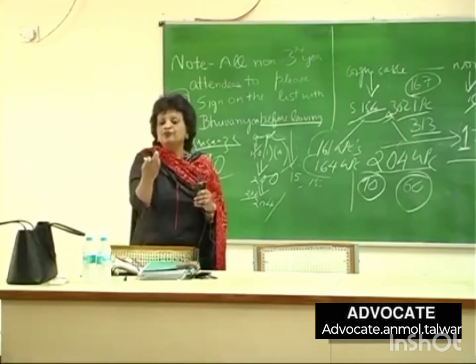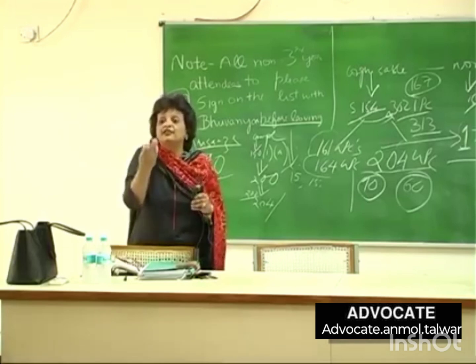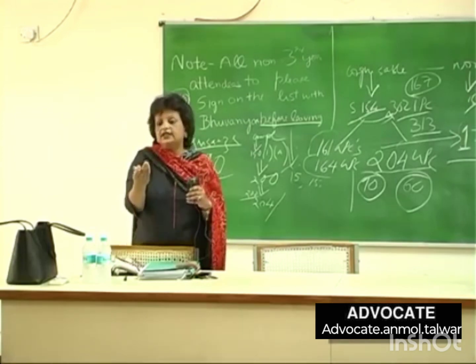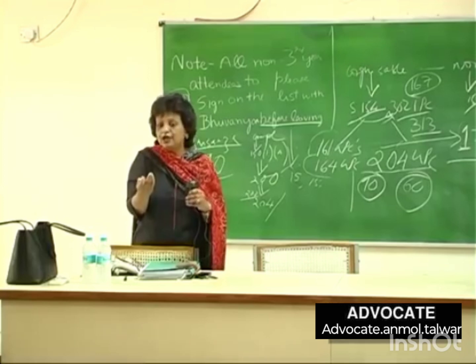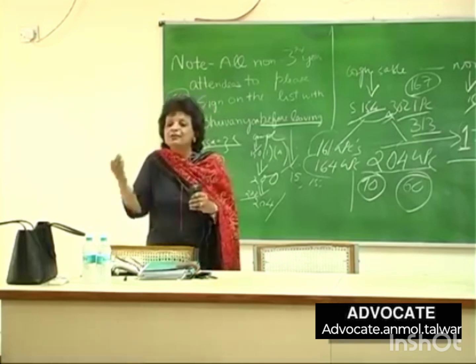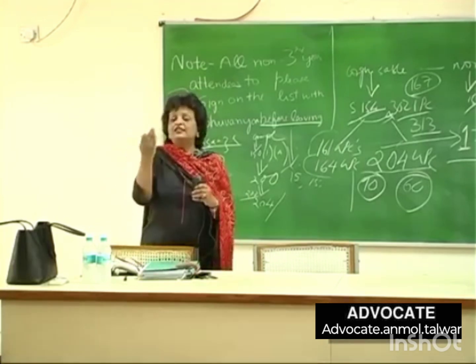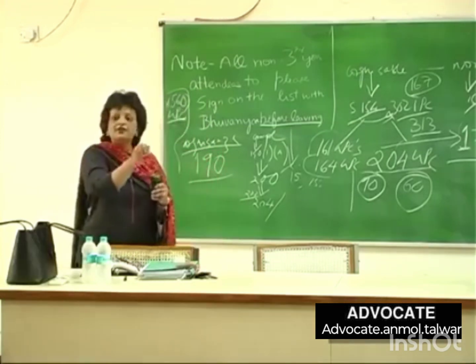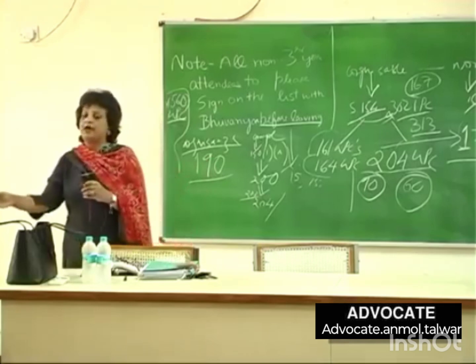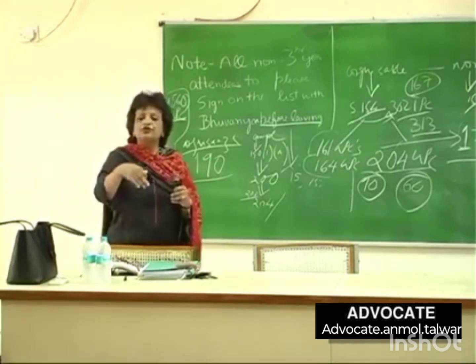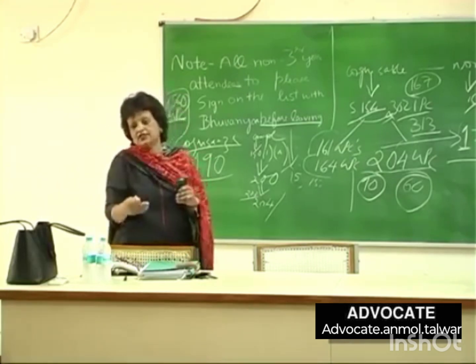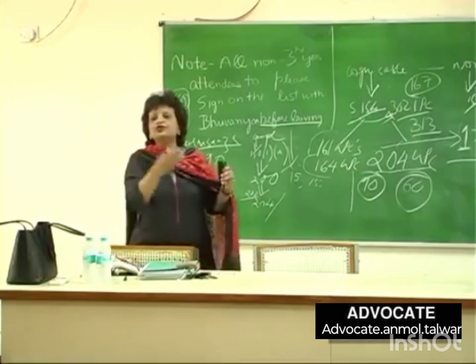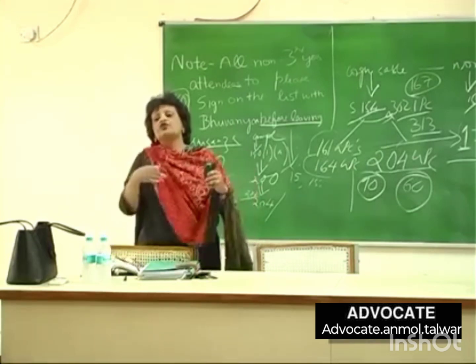So this is the first opportunity the accused gets to put forward his defense. This is not a statement on oath because it cannot be used to incriminate him. But it is an opportunity where the court tells him, it has come in evidence against you that such and such thing happened. It has come in evidence against you that you were at such and such spot at such and such time. And he has an opportunity to refute it or to give his version.